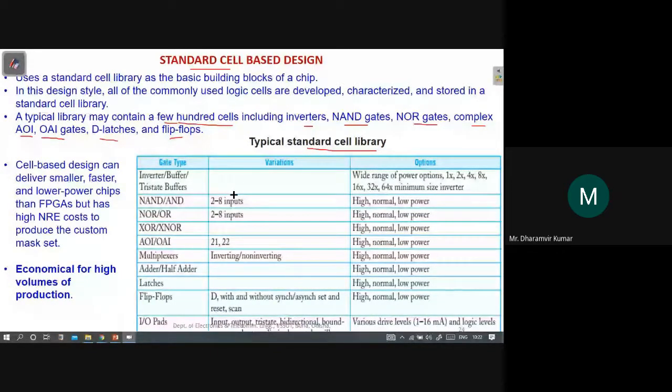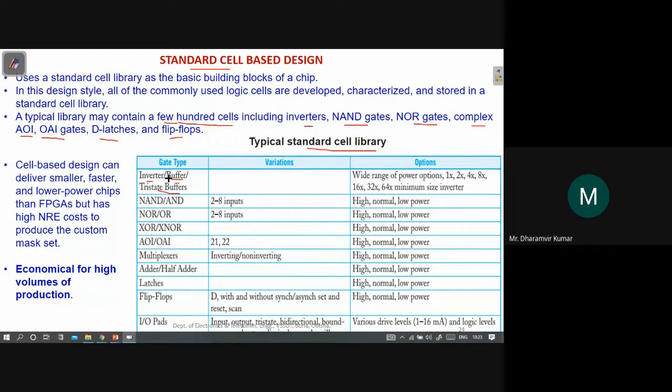And again, for example, inverters, buffers or tri-state buffers. The library contains these types of gates. But again, different flavors of these gates are also available in the library.